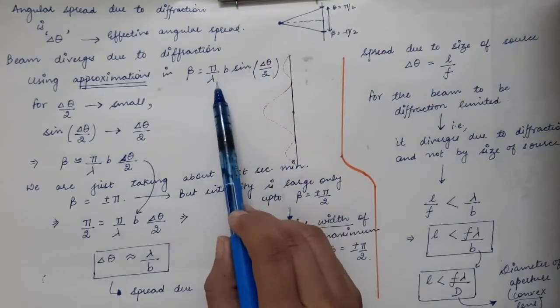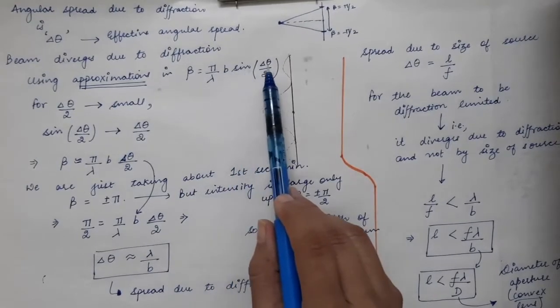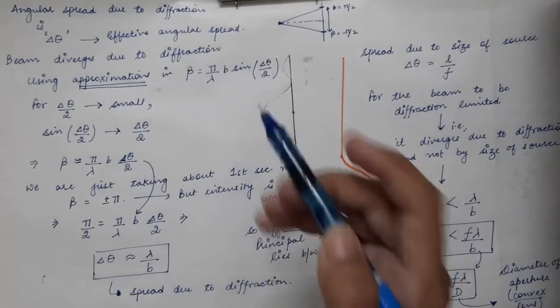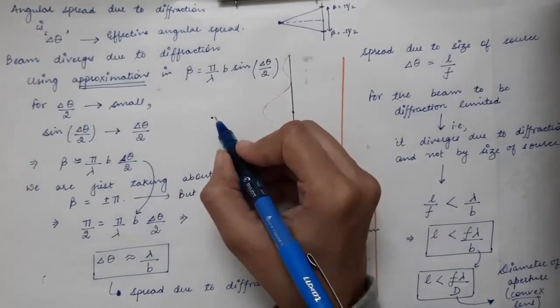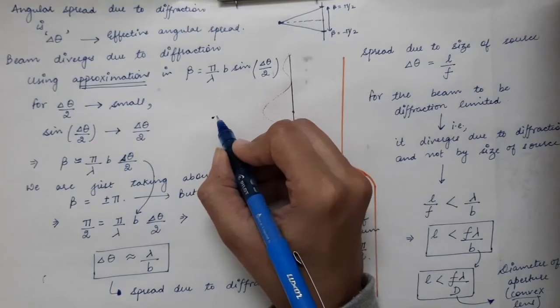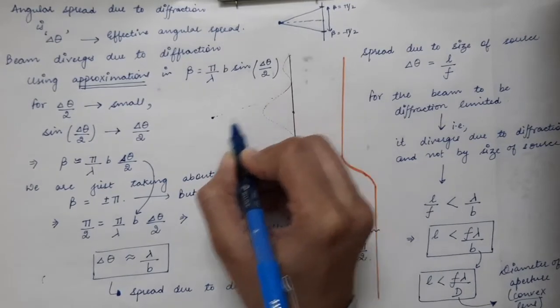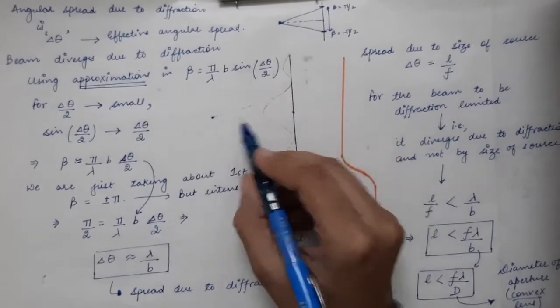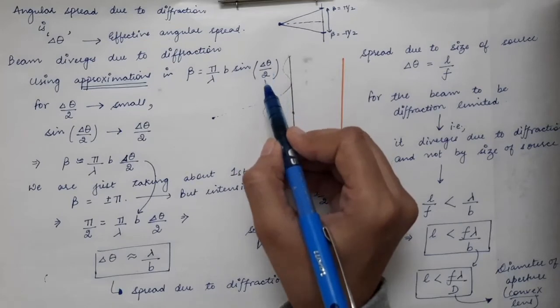So beta is equal to pi by lambda into b, which is the width of the slit, into sine of delta theta divided by 2. Let's say the light beam comes from this particular point. When it gets diverged due to diffraction, it makes a particular angle with the horizontal axis, and that angle is represented by delta theta divided by 2.